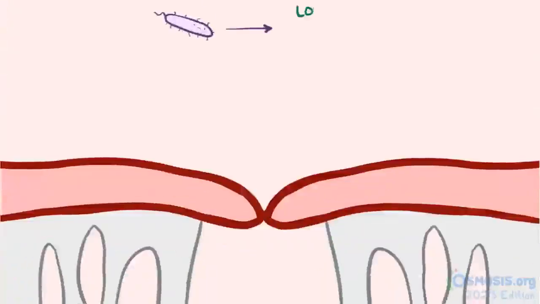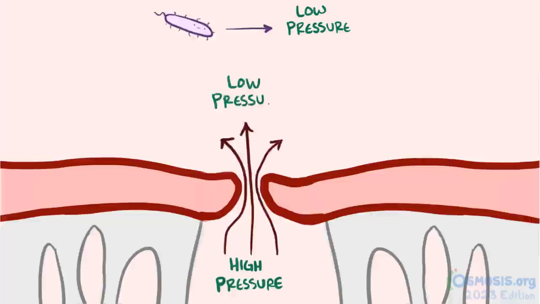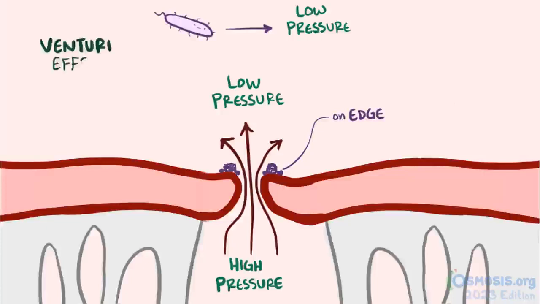Usually these guys stick to areas of lower pressures, since it's easier to adhere. So let's take mitral valve regurgitation, where blood flows backward from the higher pressure left ventricle to the lower pressure left atrium. So in this case, vegetations will tend to form on the lower pressure atrial surface. Not only that though, they'll form on the edge of the opening, and this is because of the Venturi effect.